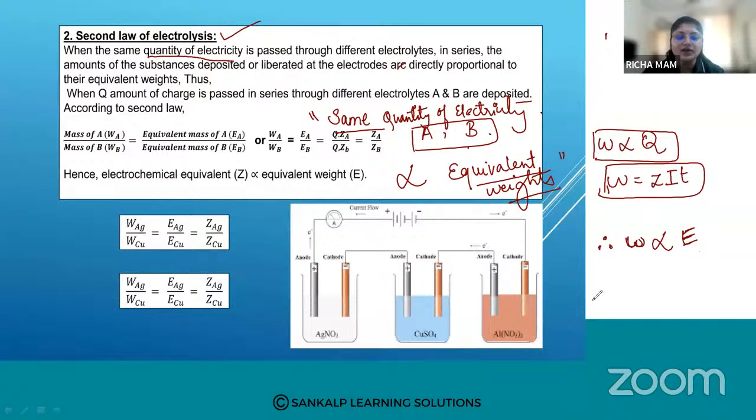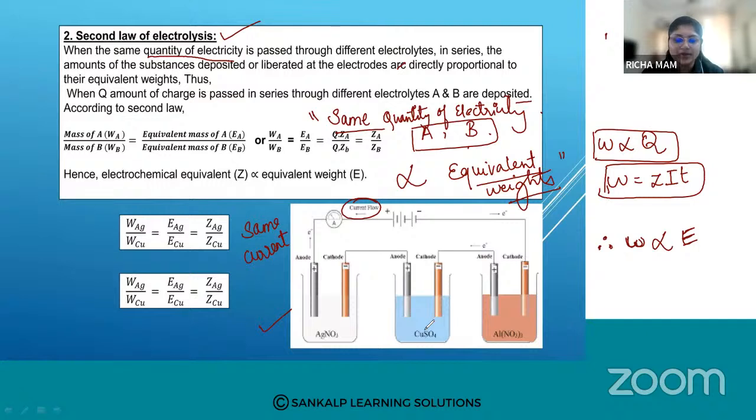Now see the diagram below. We have taken the same current, and the current flow is the same. The same current is passed through two electrolytic solutions.